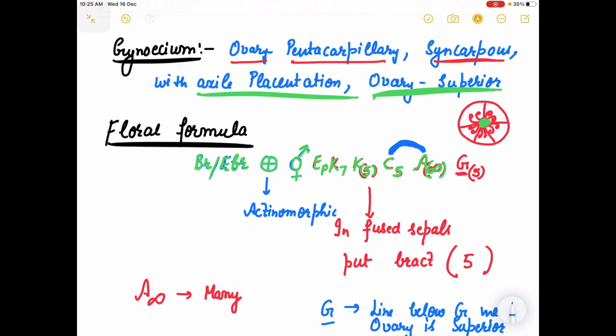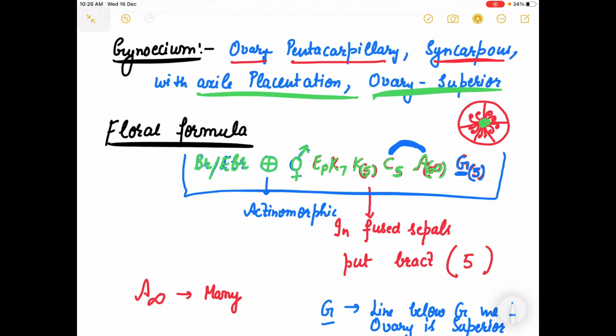Now come to the gynoecium. Gynoecium is pentacarpellary, so 5, that is fused, syncarpous, and it is a superior ovary. Whenever the ovary is superior, you always draw a line below. This is the way you have to write the floral formula.